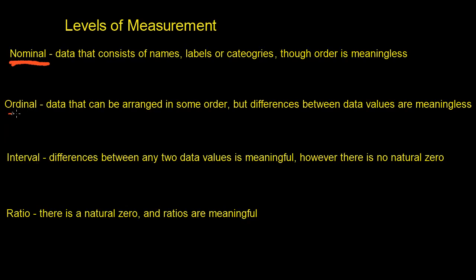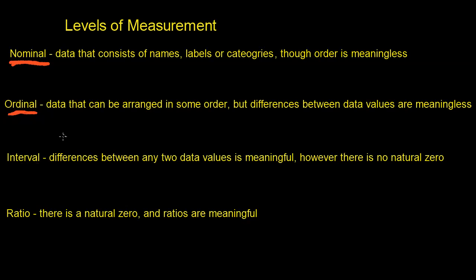Second, we have ordinal. Ordinal type data has order to it, but the difference between data values is meaningless. So consider someone were to ask you to fill out a pain scale and tell you how much pain they're in.